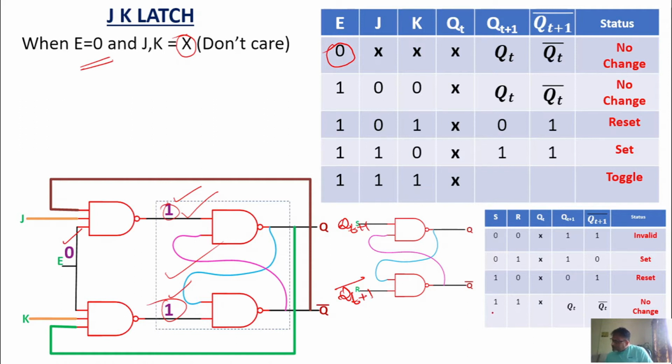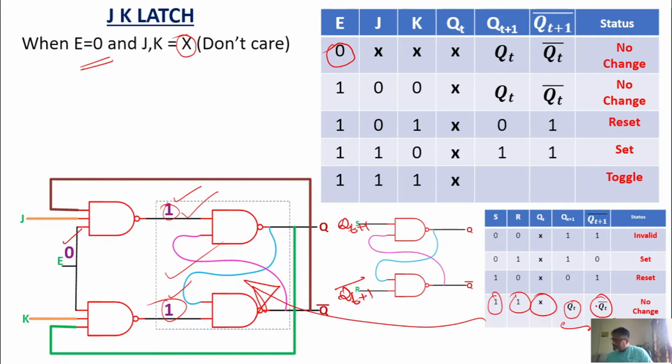Now when the input to the NAND SR latch is 1 1, which is a similar condition here, Q(t) can be anything. Output Q(t+1) and Q(t+1) bar, that is the next state, is equivalent to the present state only, that is equivalent to Q(t) and Q(t) bar.